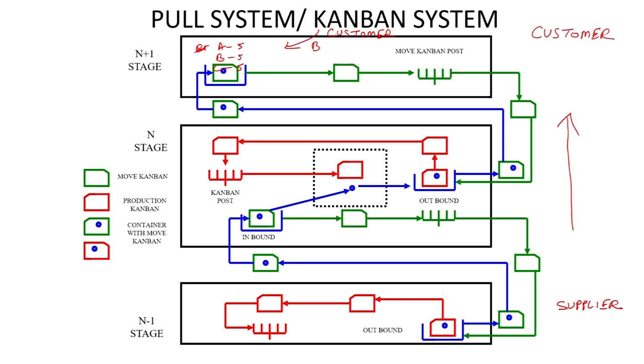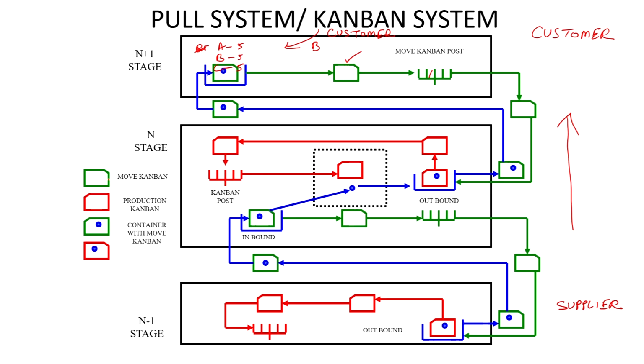You give the component to him, the blue dot representing the material goes to the customer, and the empty card is kept at the Kanban post, just like a letter box, where we can keep that physical card.